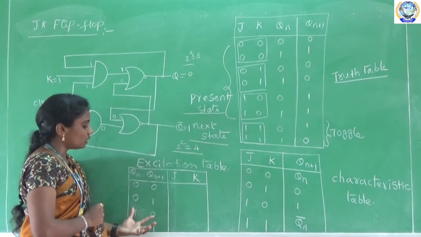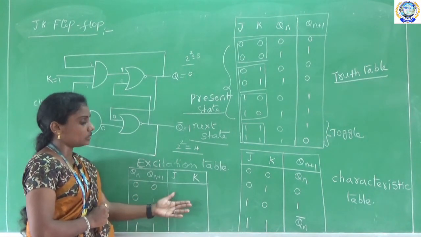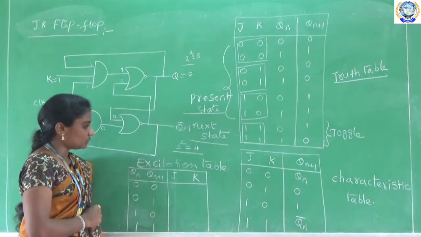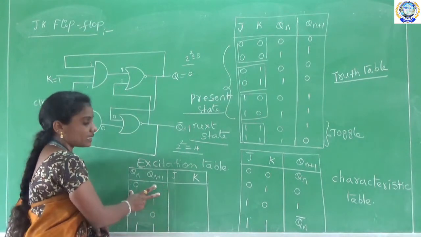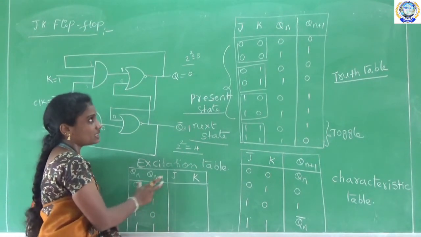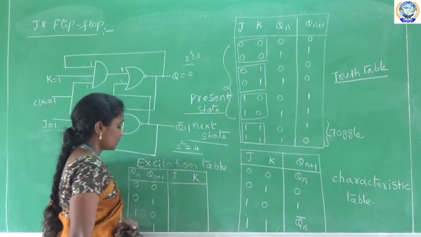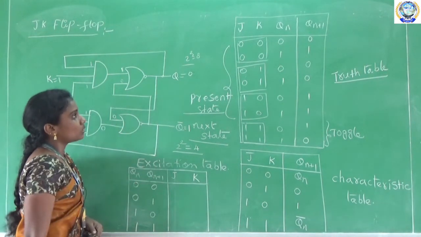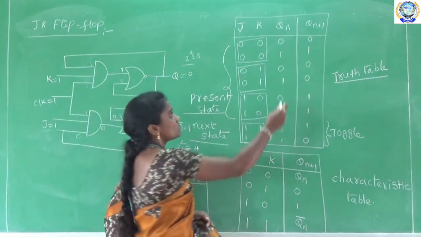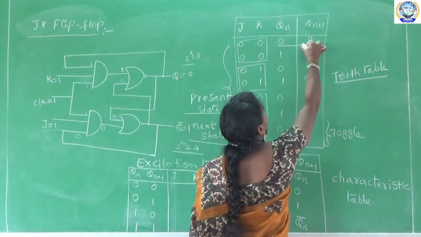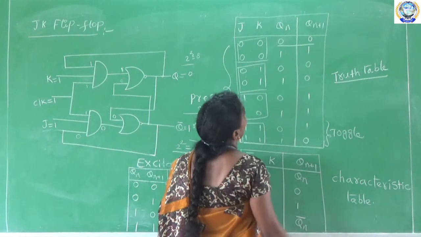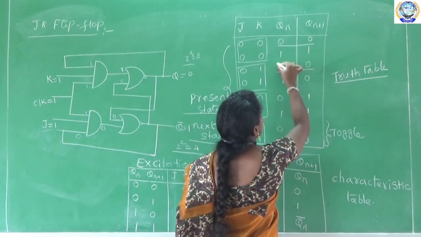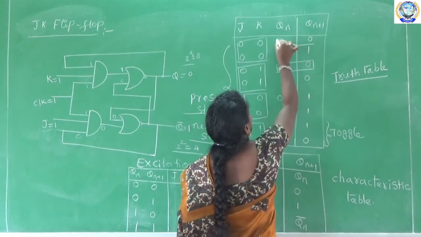So by using these conditions, now we will write the states of the inputs J and K. To write this excitation table, I am considering Qn equal to 0 and Qn plus 1 equal to 0.